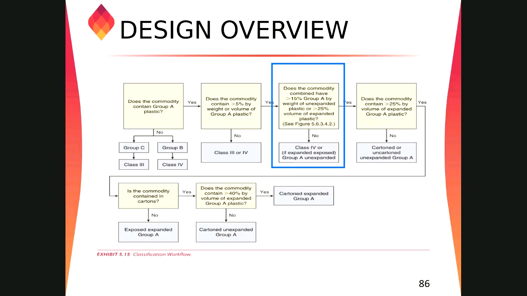So we can keep 15% by weight or 25% by volume of group A plastics in class 4 commodities. So if it is in this situation, we just have to come all the way up to this location and we select our design based on class 4 commodities.